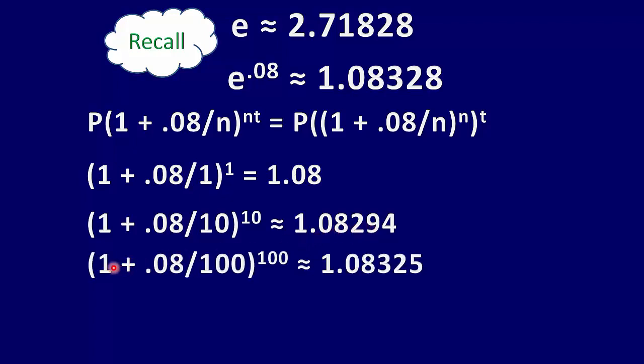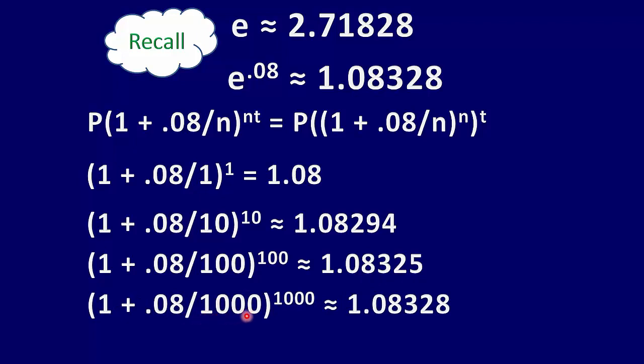Now, let's look at this one. What if I put 100 in instead of 10? I put 100 in place of n. Well, I get 1.08325. Heck, let's go ahead and put 1,000 in there. Let's suppose we're going to compound interest 1,000 times a year. Well, I put 1,000 in place of n, and look, dig this, 1.08238.